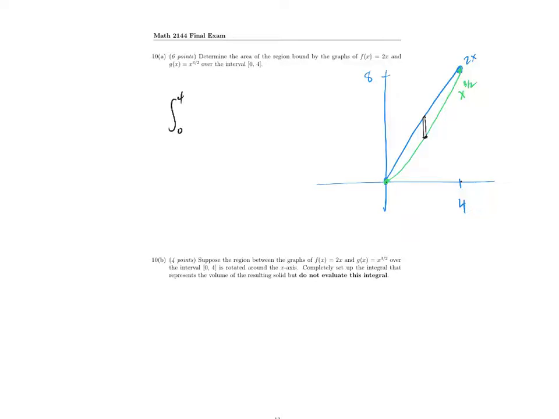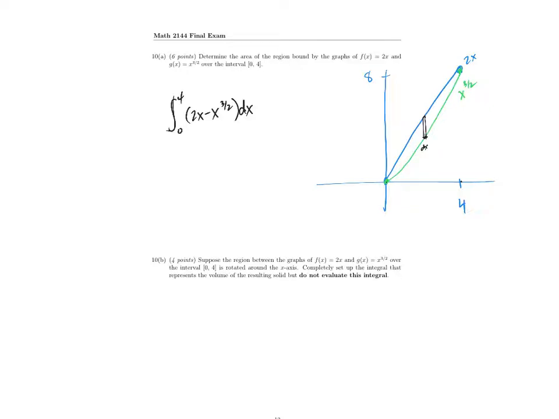And the width of my slice is my dx, and the height of my slice is going to be 2x minus x to the 3/2. So that's the height of my slice, and then the width of my slice is dx, and then I'm adding up all those slices from x equals 0 to 4.